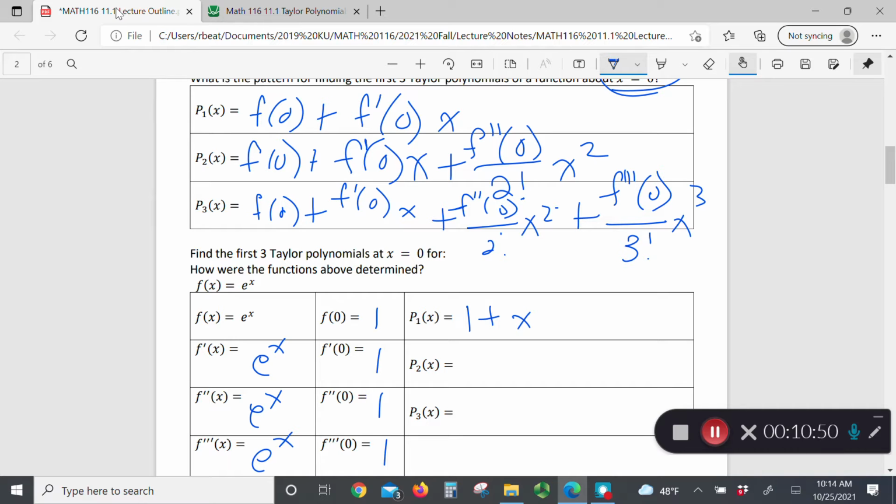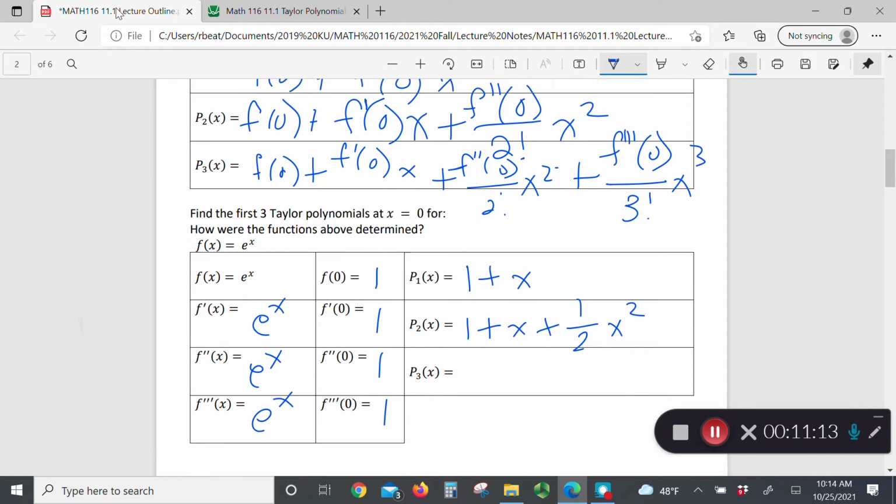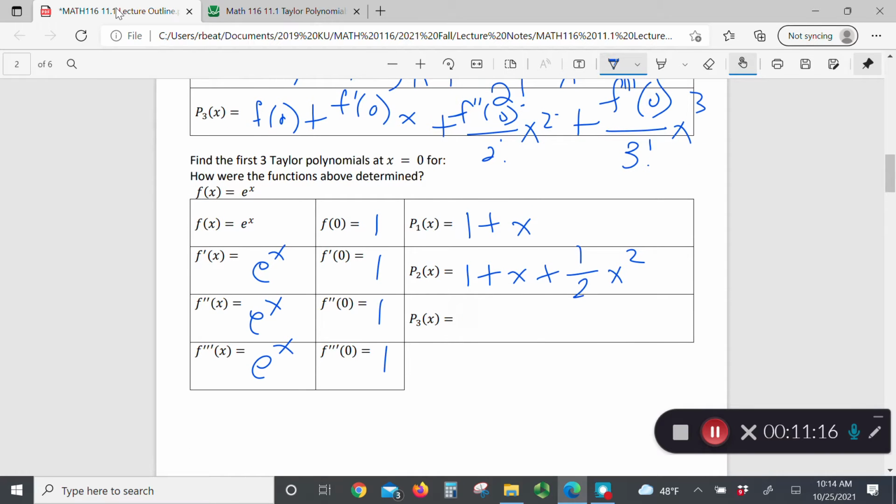For the next one, I would recopy the first polynomial, 1 plus x, and I would add to that the next term, which would be the second derivative, so that's 1, divided by 2 factorial, and 2 times 1 would be 2, and then x to the second. And then for the third polynomial, I would recopy the second polynomial, and I would add one more term.